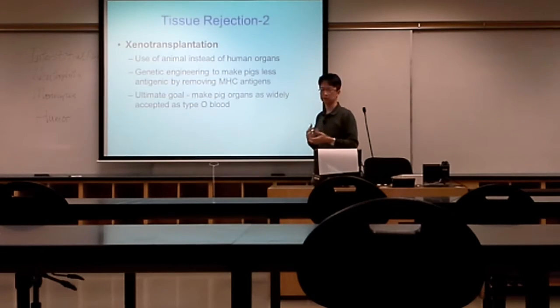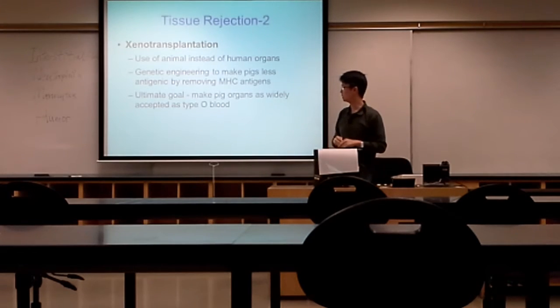They have a neutral immunity. That means the surface of the organ does not express any MHC. When the surface of the organ does not express any MHC, then the ultimate goal is that the pig organ can be used for any type of organ transplant, just like the type O blood patient. This is the ultimate goal, but of course it has a lot of issues.